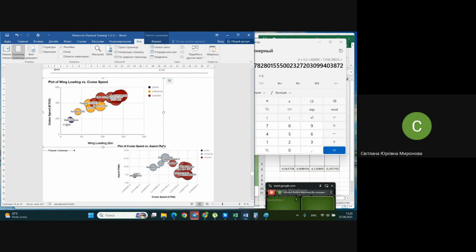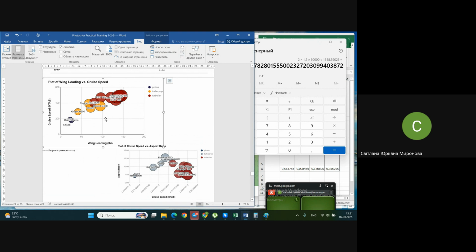If we compare with old variants of airplanes, of course the specific load will be less for the wing, because we had no such perfect materials like we have now. And if you compare with airplanes of the last generations, like 20 years, not far, then specific loads will be higher in the same class of airplane.